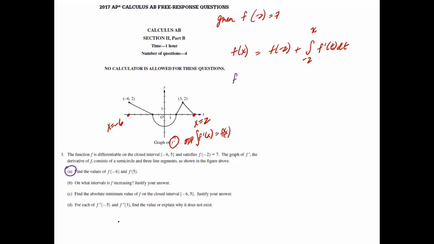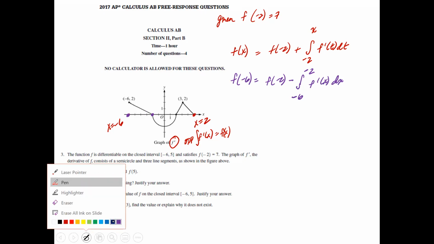Okay, so then f of -6 is the first one I'm trying to find. That's going to give me f of -2. And from -2, you want to include from -2 all the way over to -6. So minus the integral from -6 to -2 of f prime of x dx.